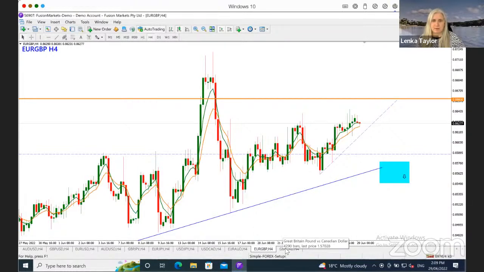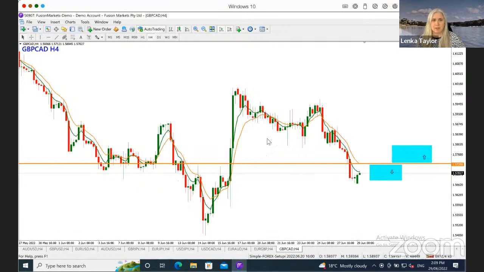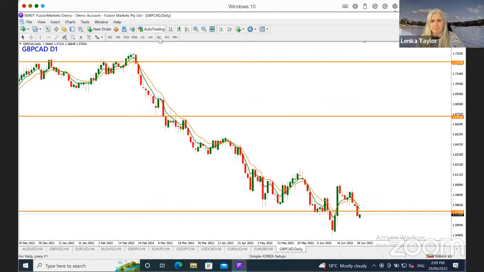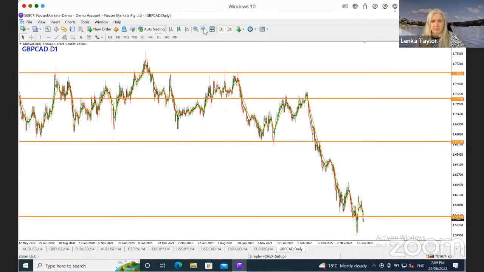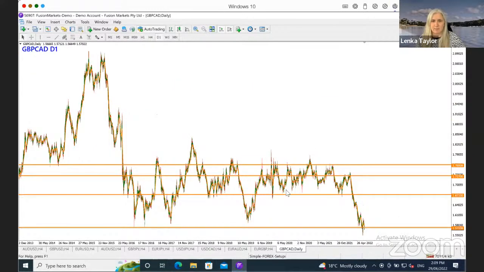The next and last currency pair I'm looking at is GBPCAD. I really was looking for the long opportunity there, but that did not really play out. We are at that point of support that has been there quite a long time.